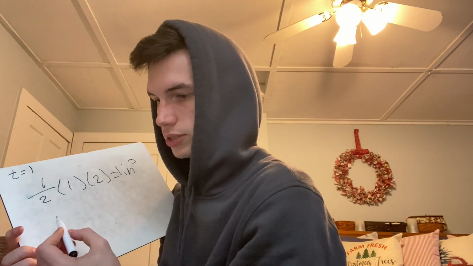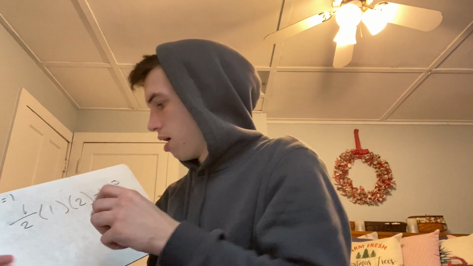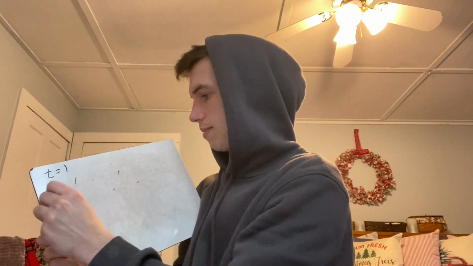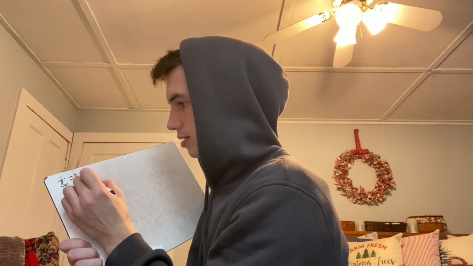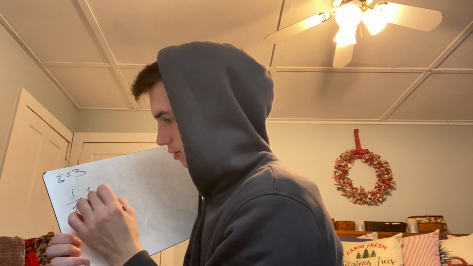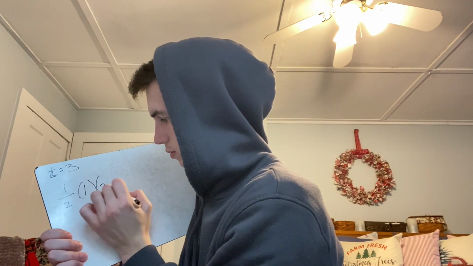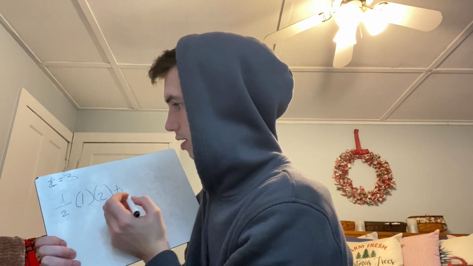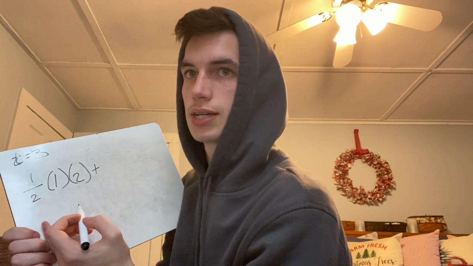So next, for time equals 3, we will do the same thing, but we're just going to add to it. So that means t equals 3. It's going to be that section that we just had, 1/2 times 1 times 2. But then we're going to add, because that just shows the time from time 0 to 1.